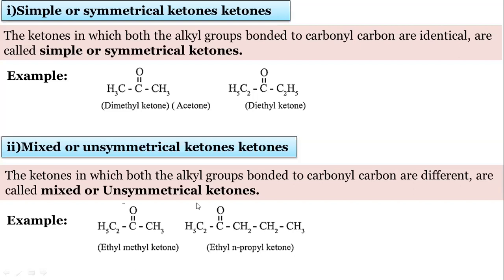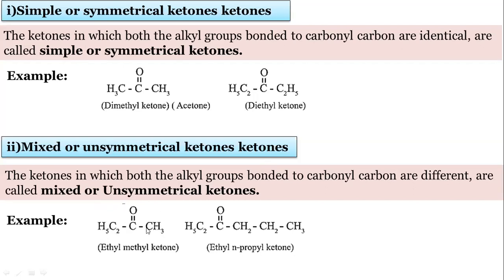Now, next one is mixed or unsymmetrical ketones. See, the groups attached to the carbonyl group, one is CH3 and one is C2H5.